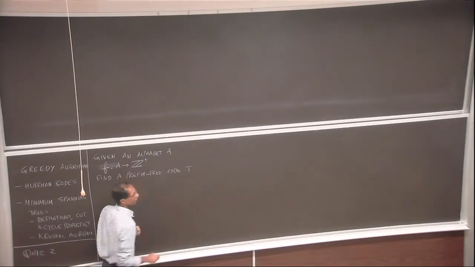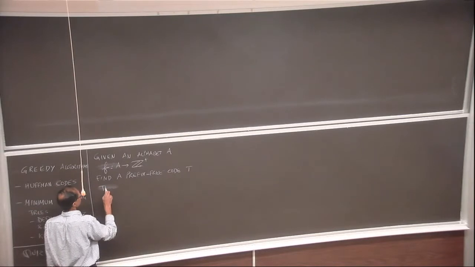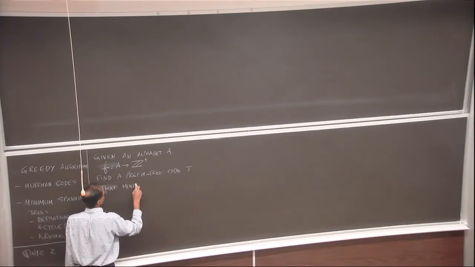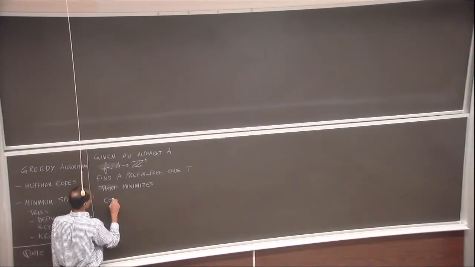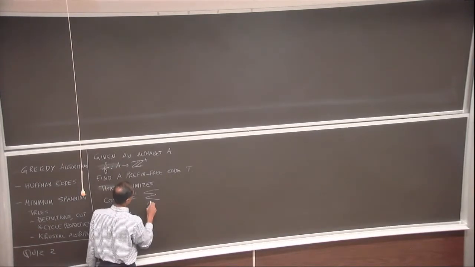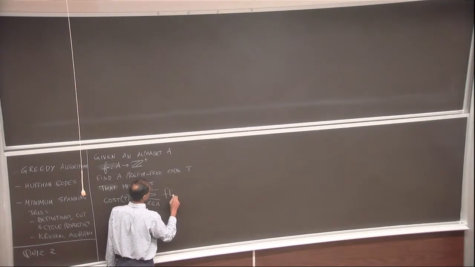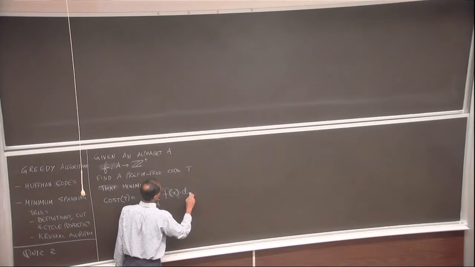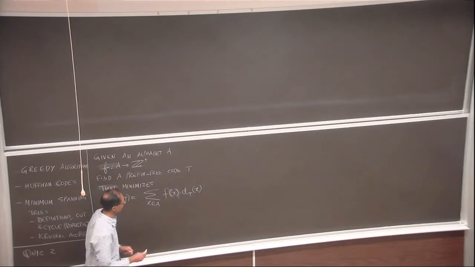And recall that a prefix-free code is specified by a binary tree, such that it minimizes the following quantity, which is called the cost: the summation over all x belonging to A of the frequency of x times the depth of x in the tree. Okay?